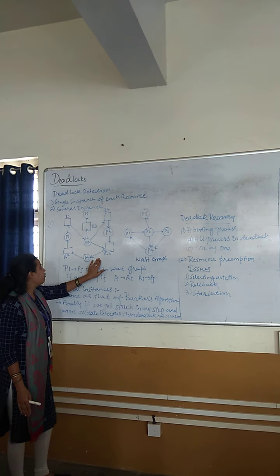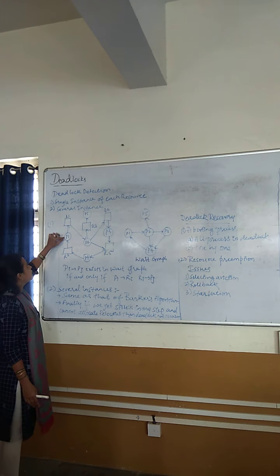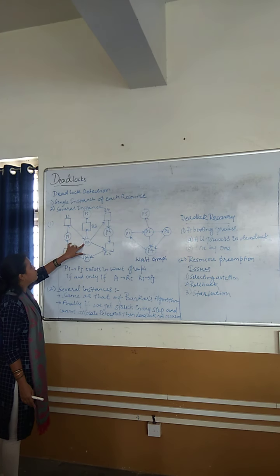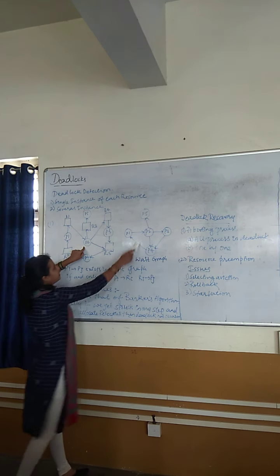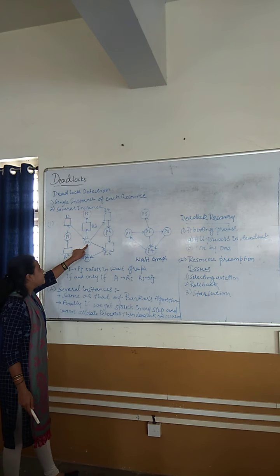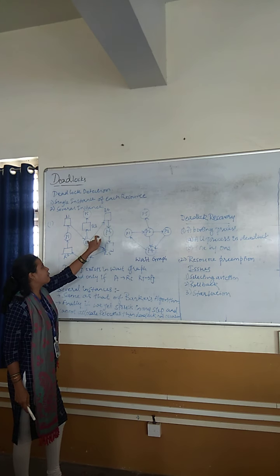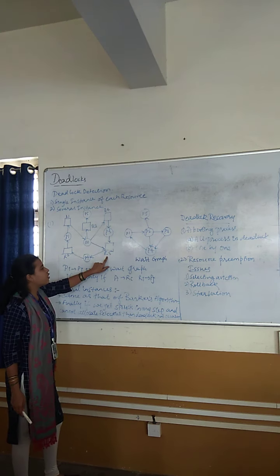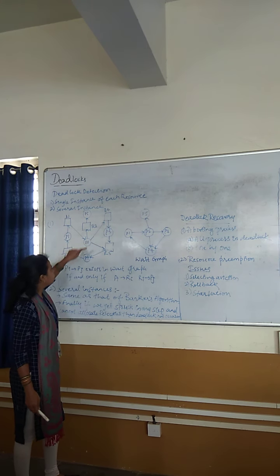So in this given graph, let us see now. P1 is waiting for R1, but R1 is held by P2, so directly P1 to P2 we have an edge. Next, P2 is waiting for R4, but R4 is held by P3, so P2 to P3 there is one edge. P3 is waiting for R5, which is with P4, so P3 to P4 one edge.